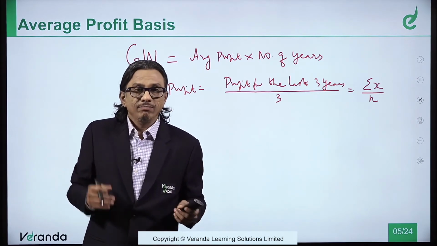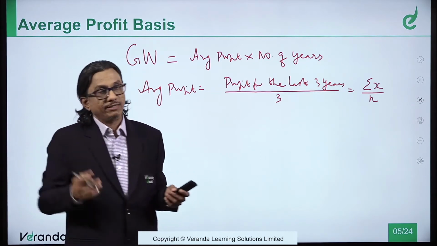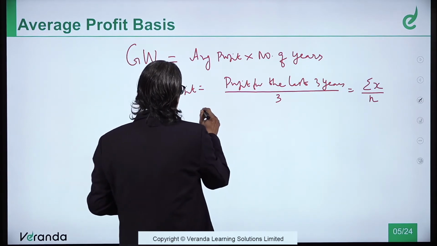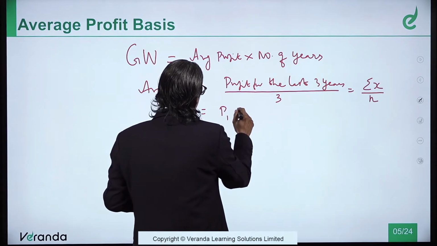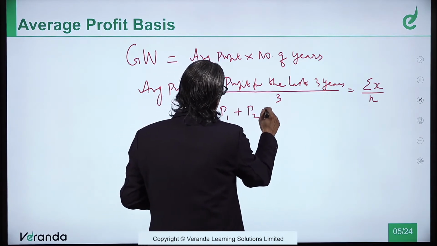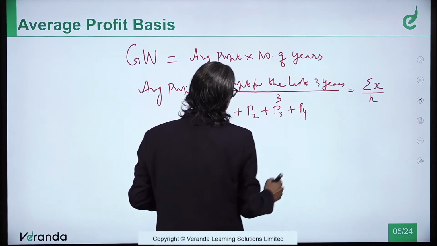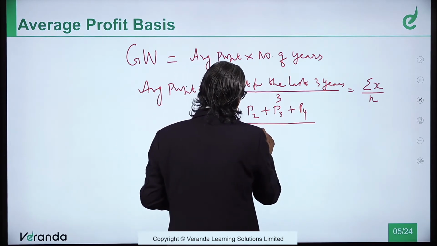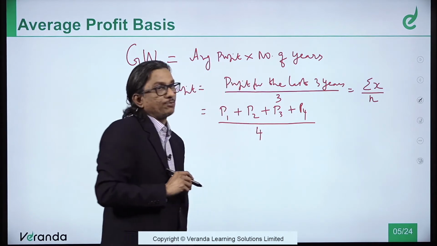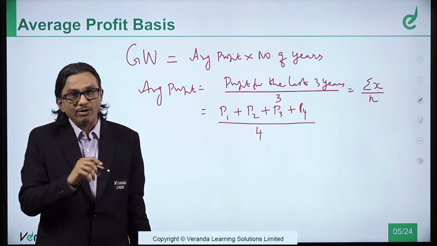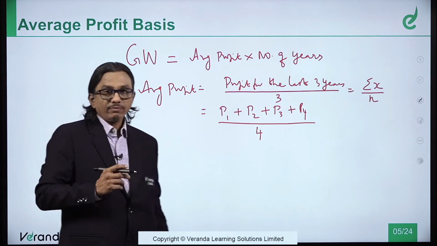X is the profit for first year, second year, third year. Suppose the profit for first year is P1, second year P2, third year P3, fourth year P4. Add all that, divide by 4, you will get the average profit. This average profit is multiplied by number of years.